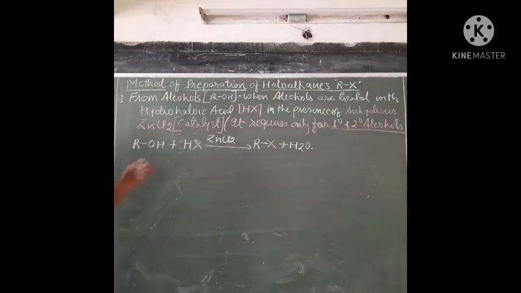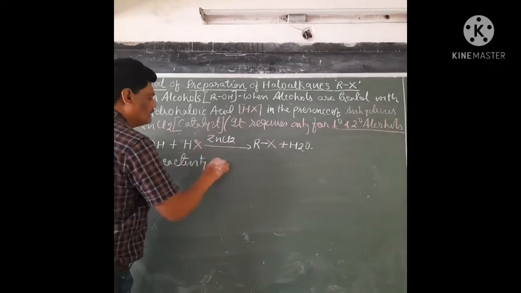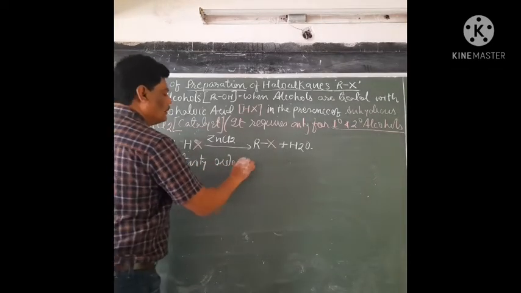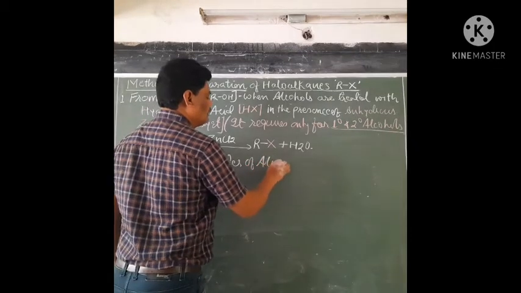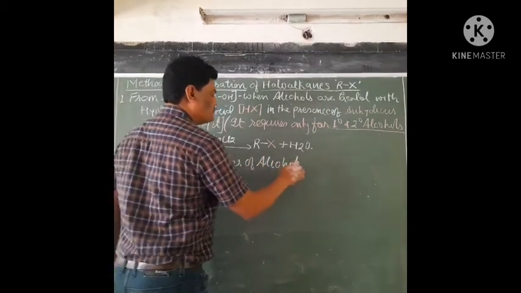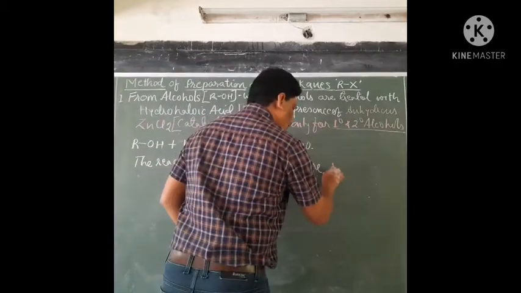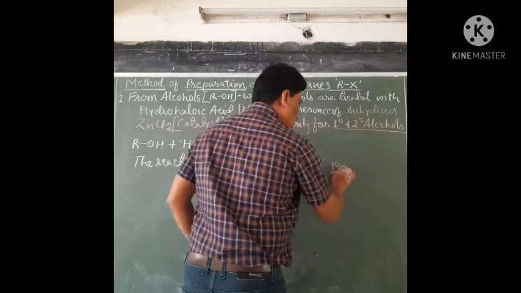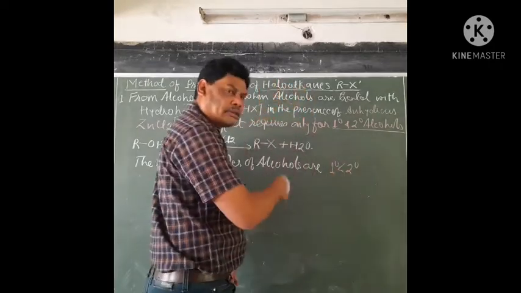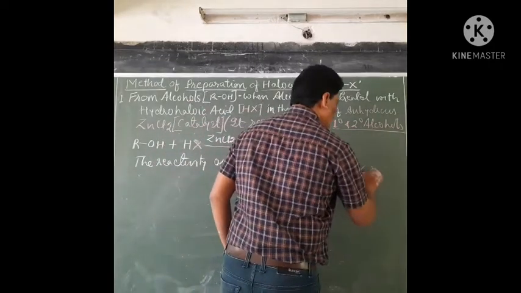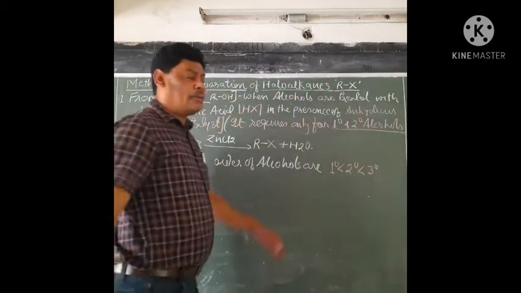The reactivity order of alcohols: primary alcohol is least reactive, secondary alcohol is moderately reactive, but tertiary alcohol reacts very fast.